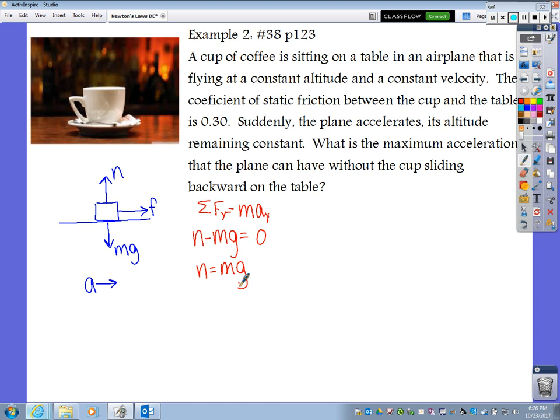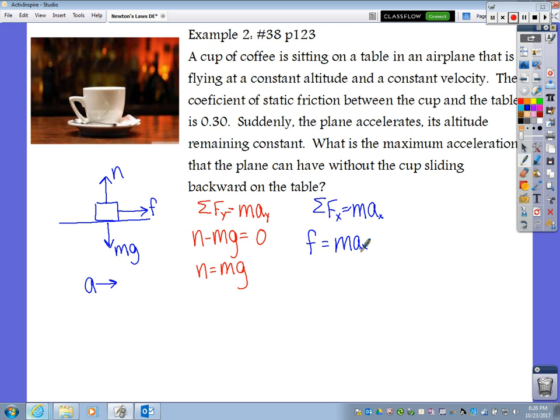That'll be useful because normal force is important for friction. So if we look at the net force in x, that equals m times the acceleration in x. The only force in the x direction is F. That equals m a sub x.